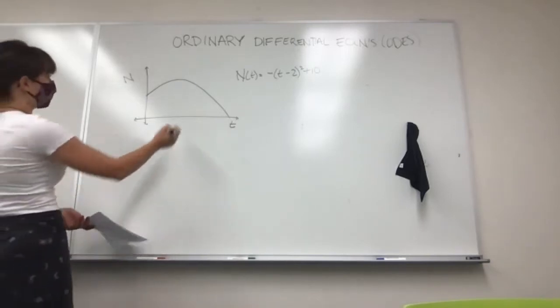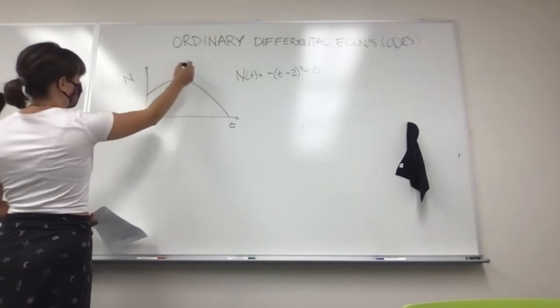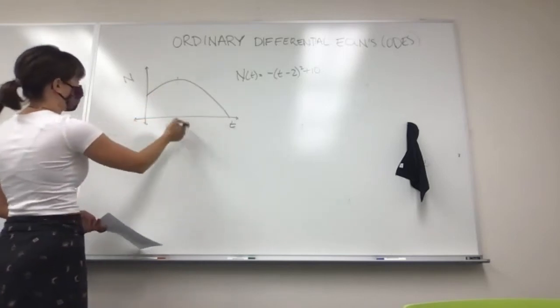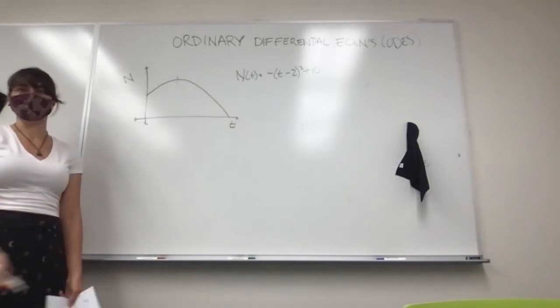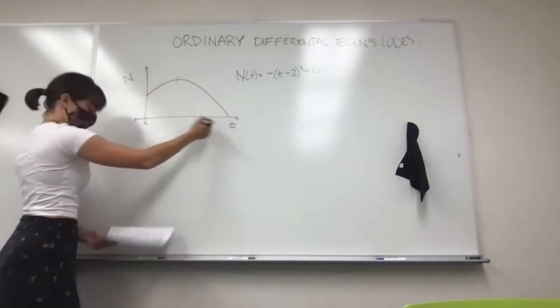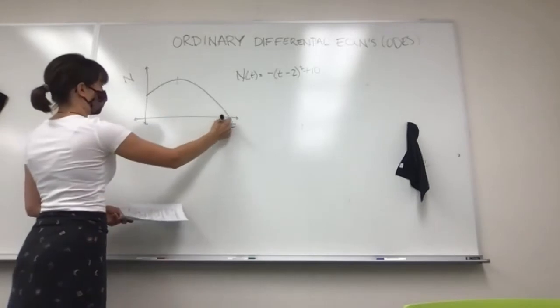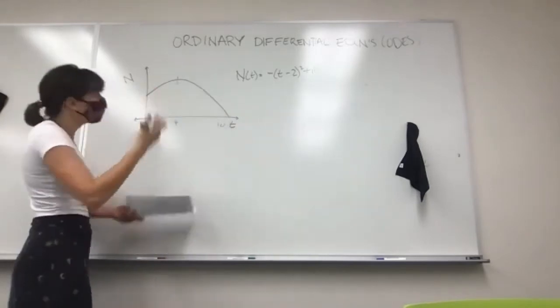Because I can kind of look at this and say, okay, we're growing to here, we're declining to here, but what time is that? Can I just eyeball my graph and say, I don't know, this looks like, if this is like 10, this is 4, I don't know.